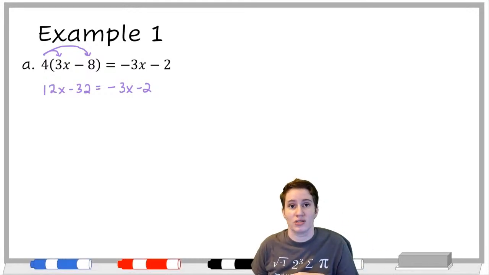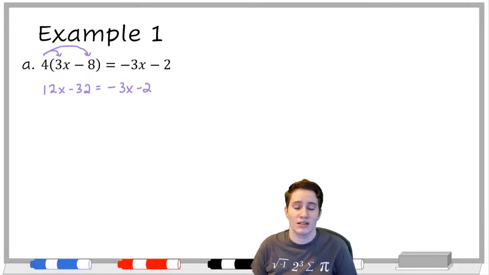We're ready to move on to the third step, which is getting x together and getting our numbers together. So it doesn't matter which way you go. You can go ahead and subtract the 12x over to the right, or I can add 3x over to the left. Remember, I used the opposite operation, so I'm going to add 3x over to the left side.